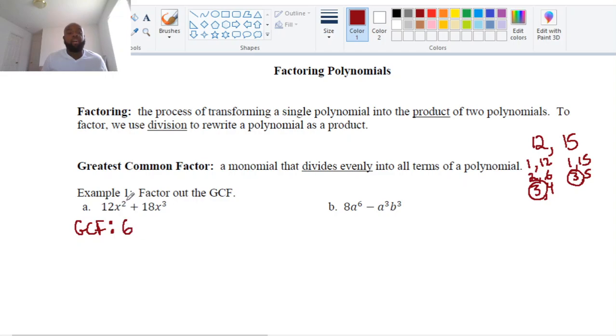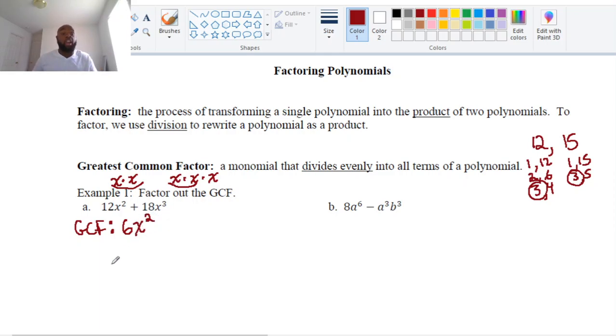And then when I look at my variable expressions, well, this x squared is x times x, and this x cubed is x times x times x. And so the greatest common factor between them is the two x's that are multiplied, right? This one here doesn't have a third x, so x squared has to be my greatest common factor. So my GCF here is going to be 6x squared.